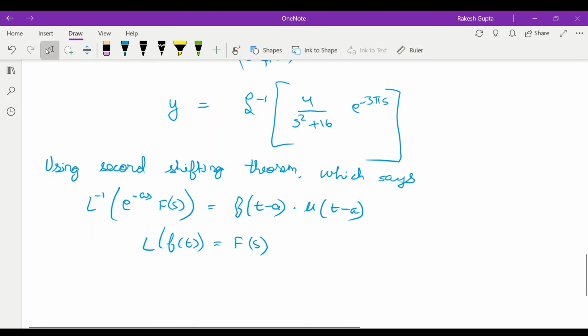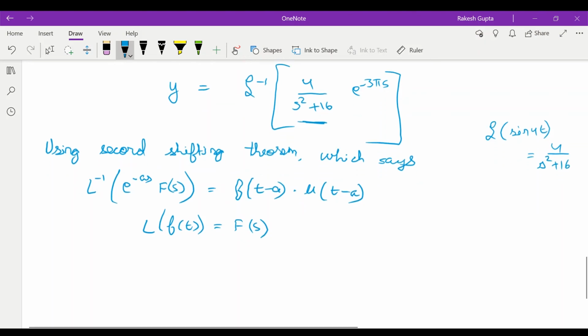Over here, we can see that 4 over s square plus 16 is our capital F of s, and the Laplace of sine 4t is nothing but 4 over s square plus 16.